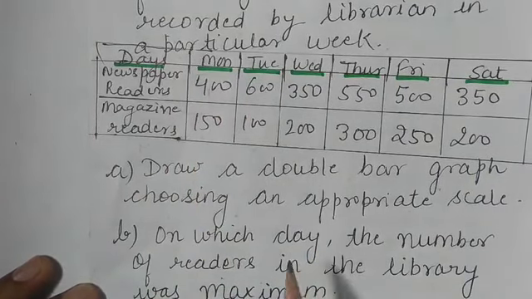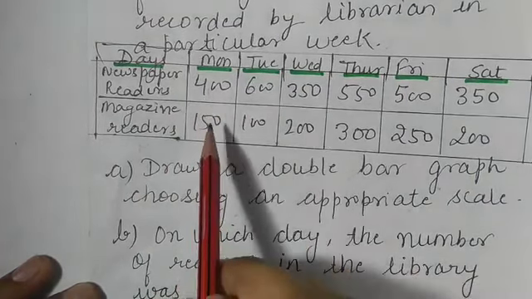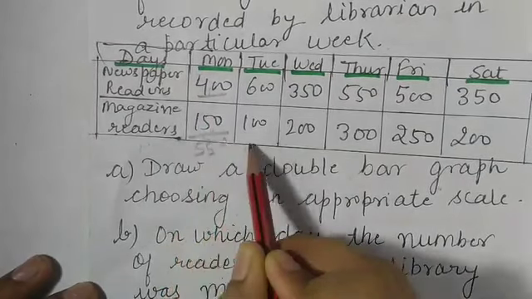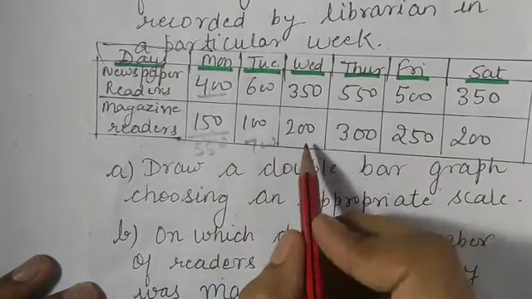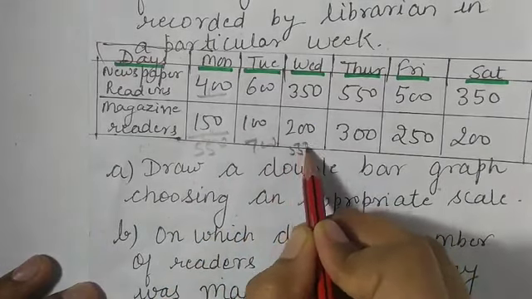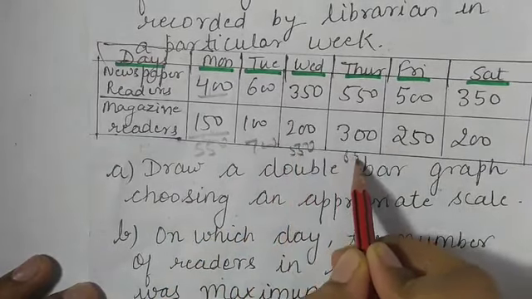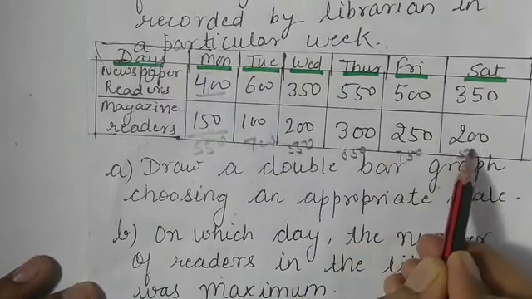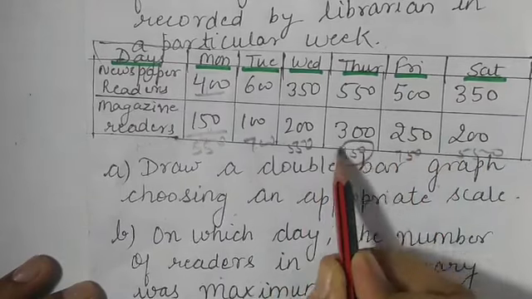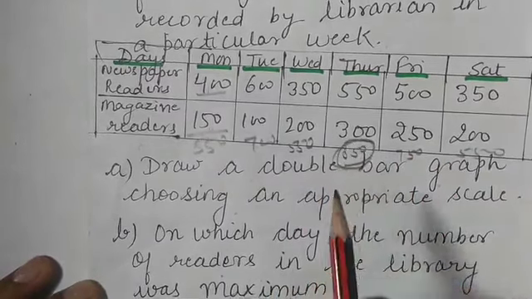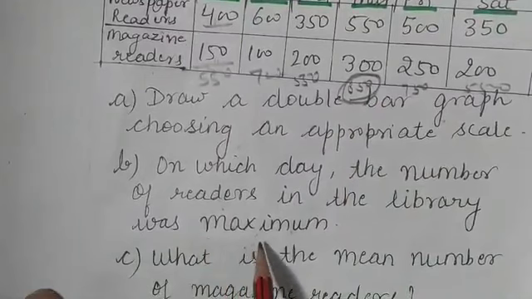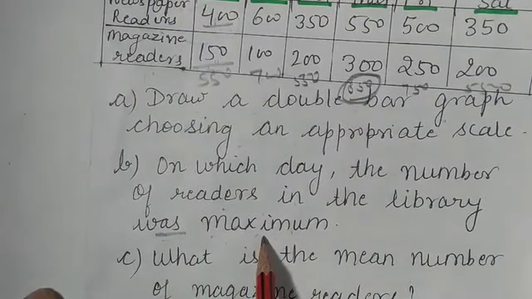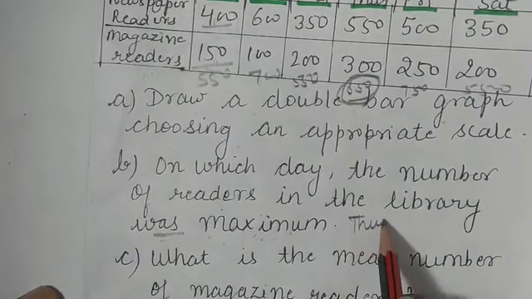So on adding, this will be 550, this will be 700, this will be 550 again, this will be 850, this will be 750 and this will be 550. So here I am observing that on Thursday the number of readers was maximum. So its answer is Thursday.